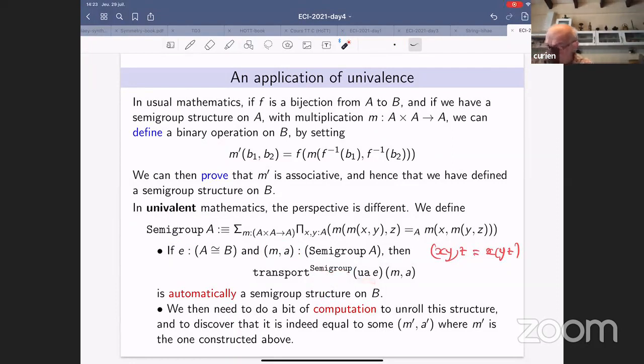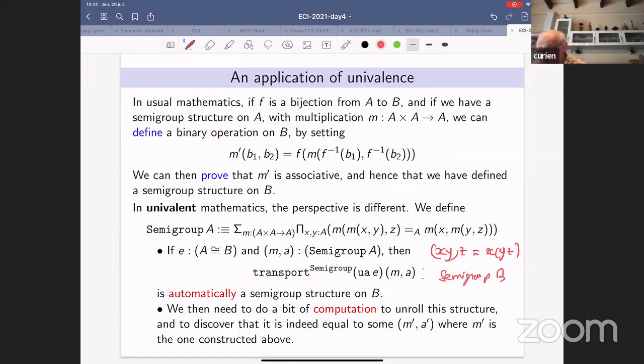along UA of E. Here I'm really using univalence. From this equivalence, I derive a path from A to B. Hence, I can use the technology of transport. So I can transport the couple MA, which is a witness of semigroup of A, and this expression is of type semigroup B. Hence, in one line, I'm able to show that B is a semigroup.